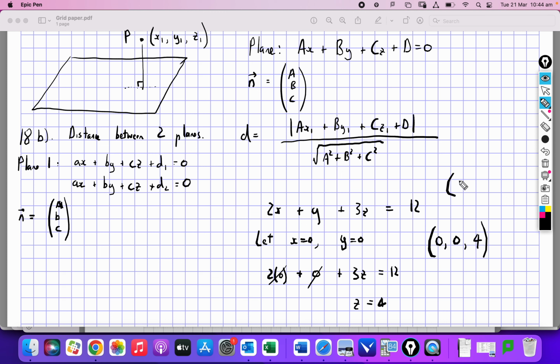So here's another point on the plane, 2, 2, 2, because I'll get 12 if I do that. Or I could have said x is 1, that gives me 2, y could be 1, and z could be 3. Because I'll have 2 plus 1 plus 3 times 3. So that must be a point on the plane. Anything that works must be a point.